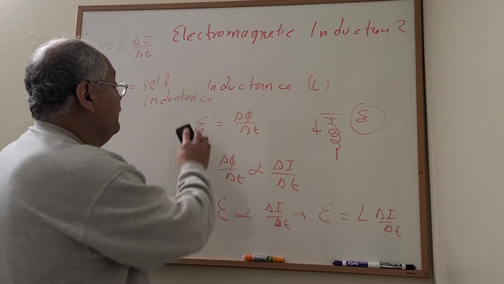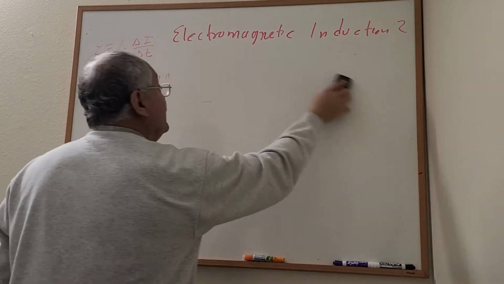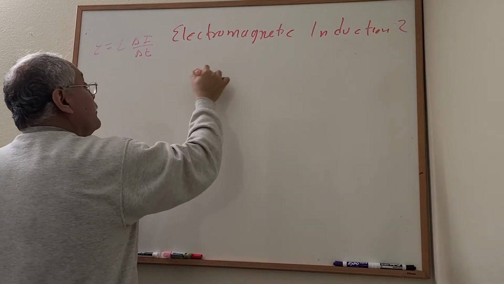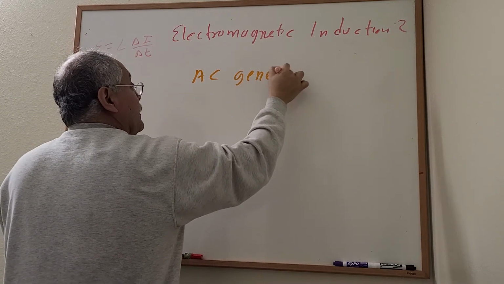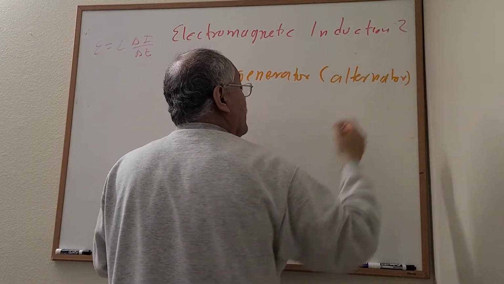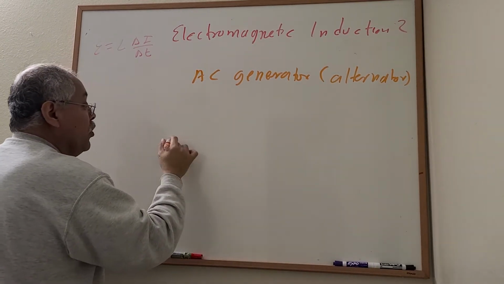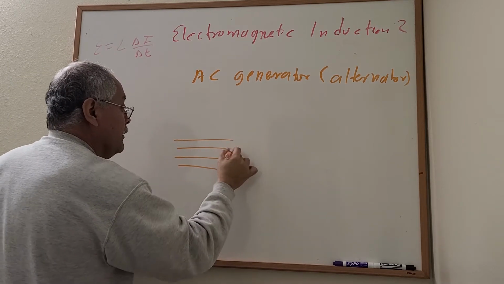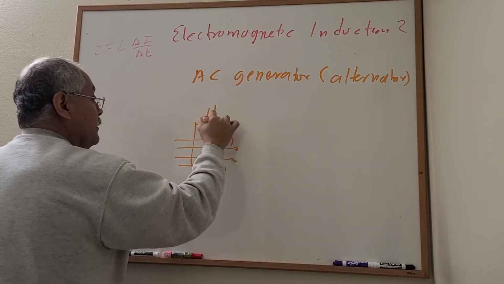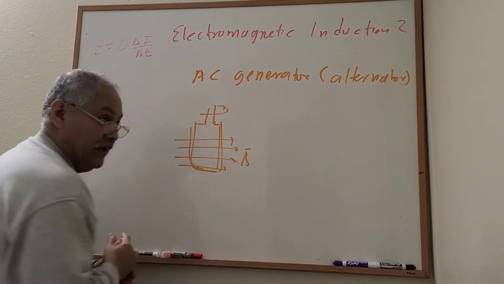The next topic is going to be the AC generator, or just alternator. This AC generator consists of a constant magnetic field, and we have a coil that rotates inside of this constant magnetic field.